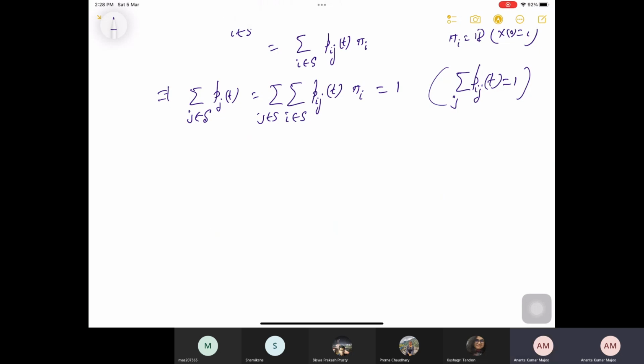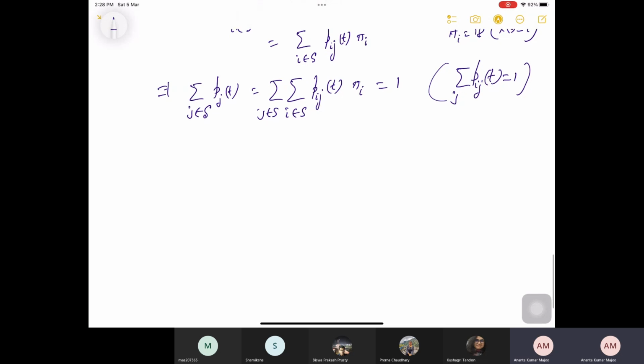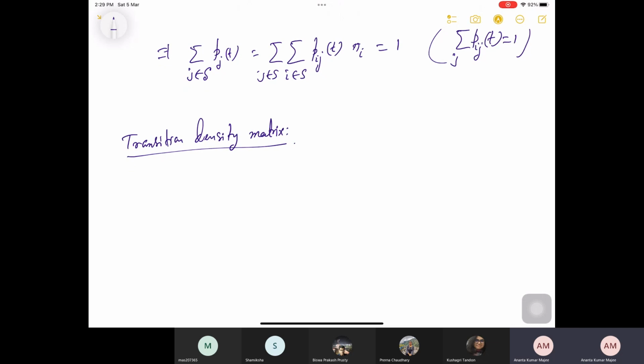Because time is involved, I need to have some rate. If I know the rate, then I can find out the process. For that I need what is called the transition density matrix, which I'm defining now.